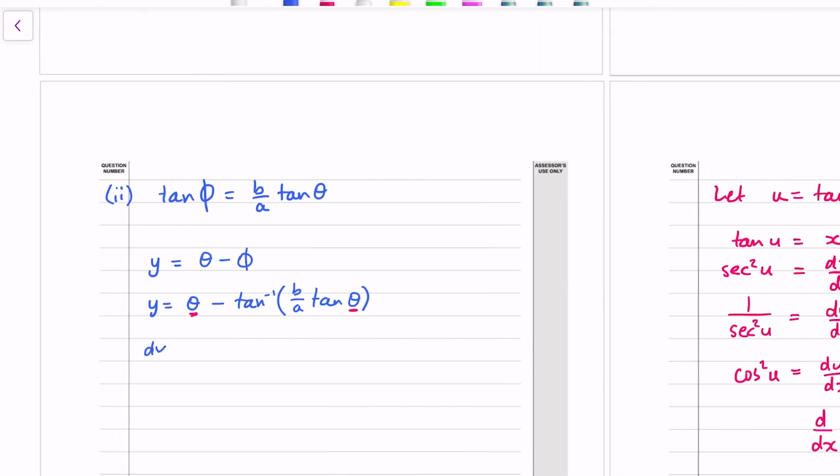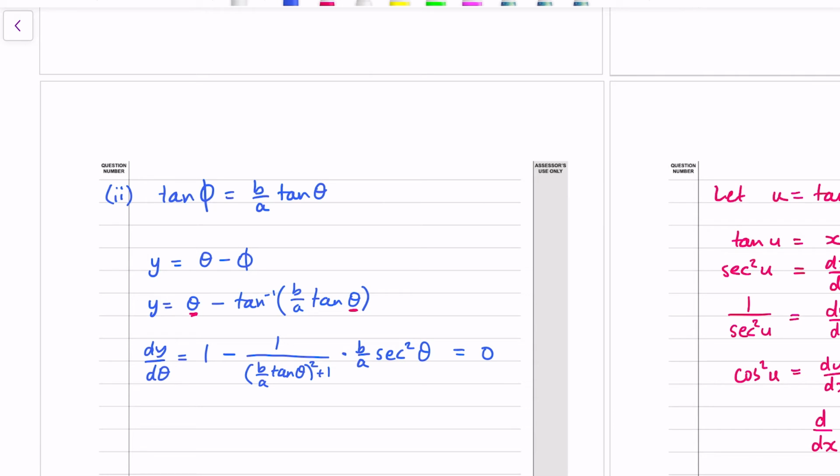Okay, dy d theta equals 1 minus 1 over the stuff squared plus 1. Because it's tan inverse of something, it will differentiate to 1 over the something squared plus 1, times by the derivative of the something, because we need the chain rule, and we'll make that equal 0.